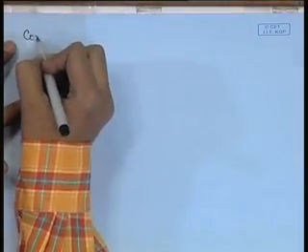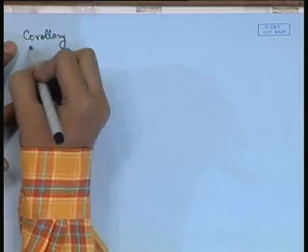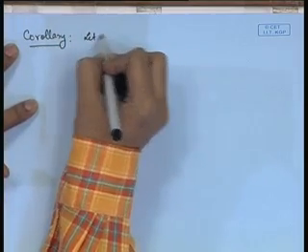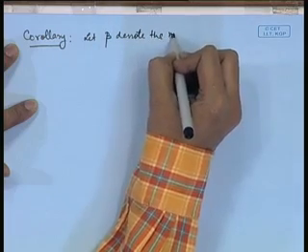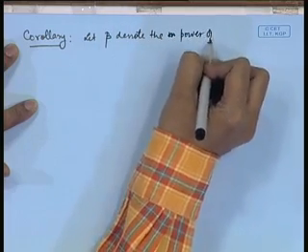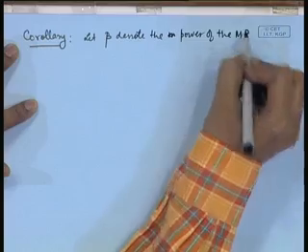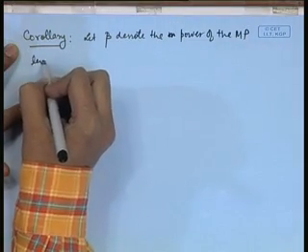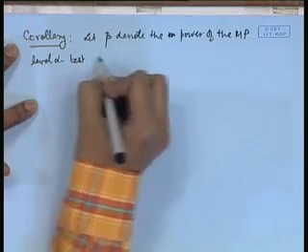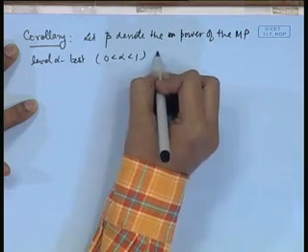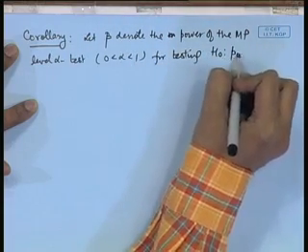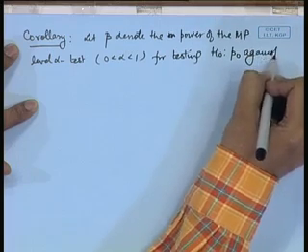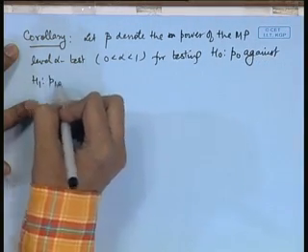We have a corollary here then. Let beta denote the power of the most powerful level alpha test for testing H naught: P naught against H1: P1.